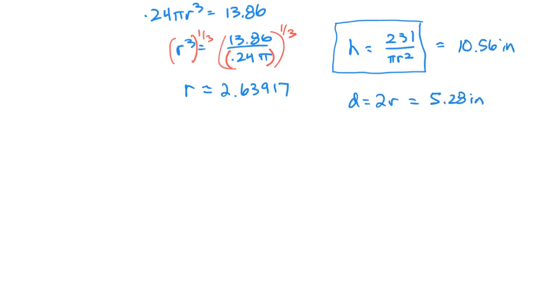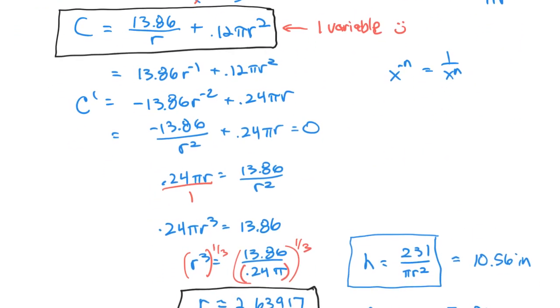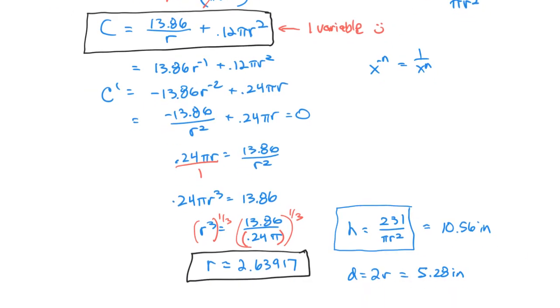And then they want to determine the minimum cost. Well, that's where we take this number and plug it back into our original cost function. Remember the original cost function, this one right here. We take this number for r, and plug it back in here.